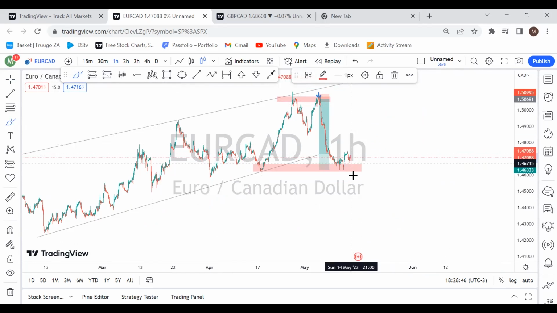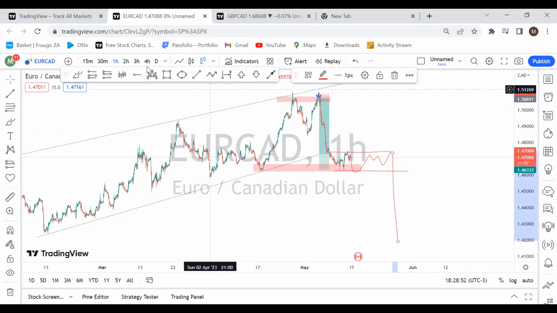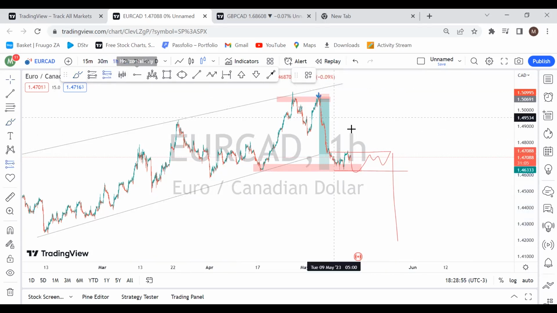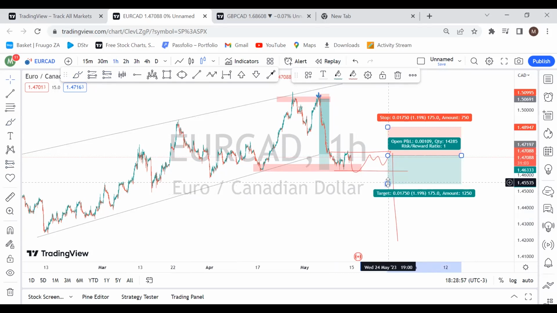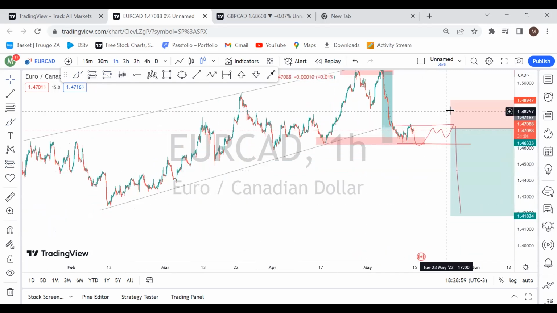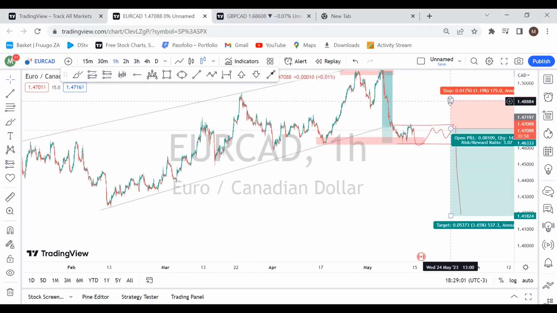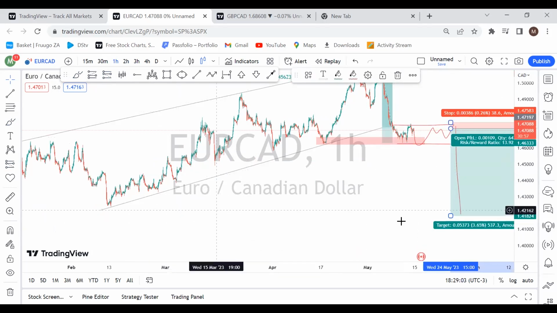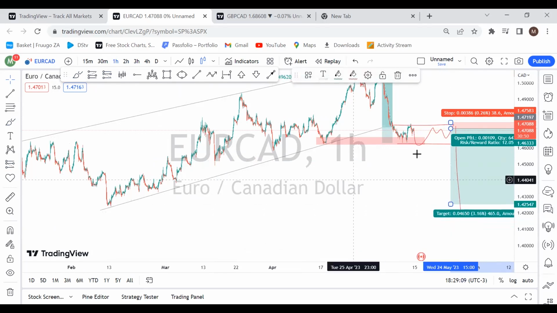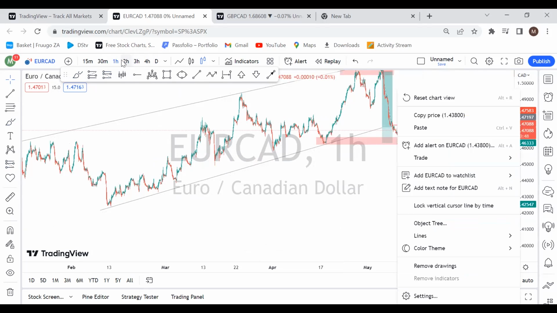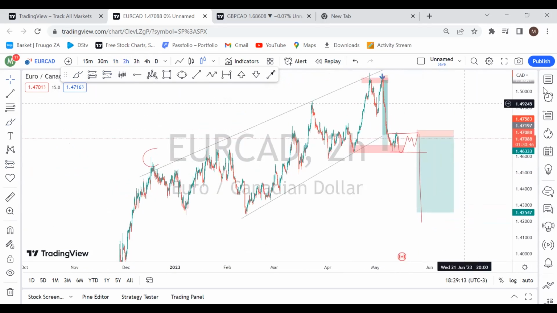So the price is just going to go sideways until it creates a nice correction for us to continue to the downside with our second entry at the third touch of the correction, of course, and till these areas, till the base of the structure, obviously. So this is how it looks.